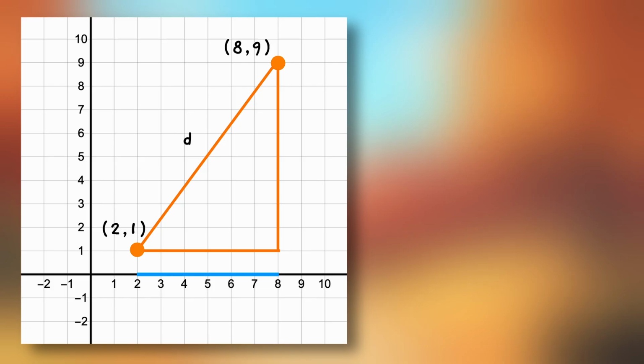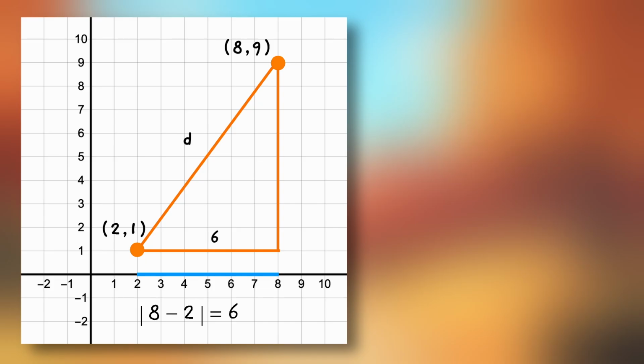The left point has an x-coordinate of 2, and the top point has an x-coordinate of 8. So that means the length of this leg is the same thing as the distance between 8 and 2 on the x-axis. So using the formula that we talked about in the opening, the distance between 8 and 2 is just the absolute value of 8 minus 2, which is equal to 6. So the length of this leg of the triangle is 6.